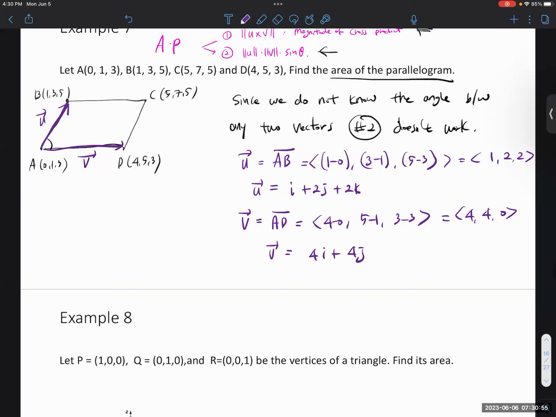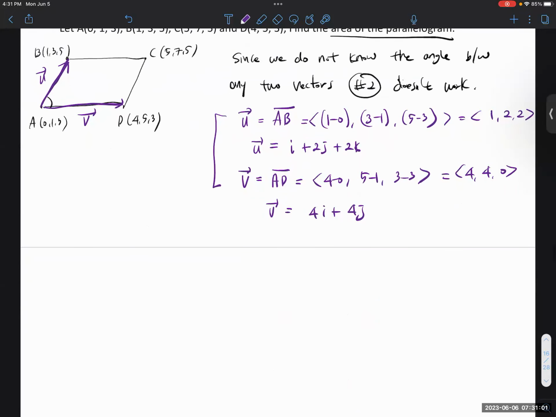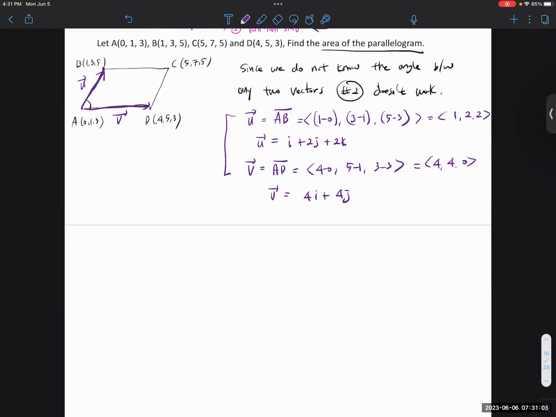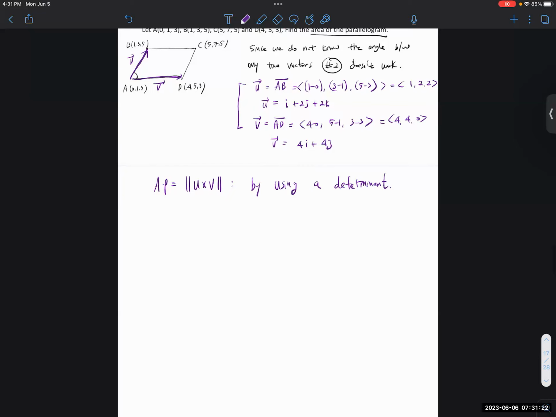So now we have U and V. All you need to do is the cross product. So the area of the parallelogram is going to be U cross V, because we don't know the angle, we cannot use the second formula. So by using a determinant, we can find out what happened.